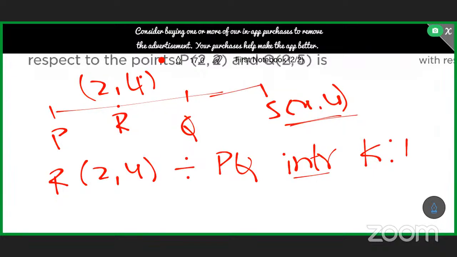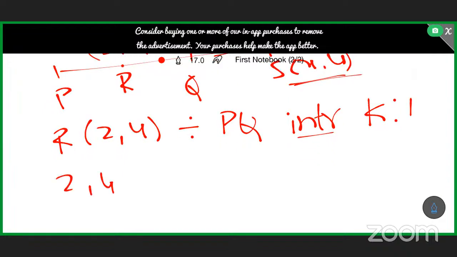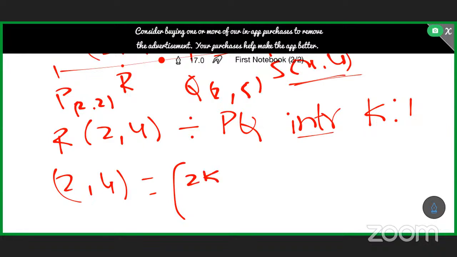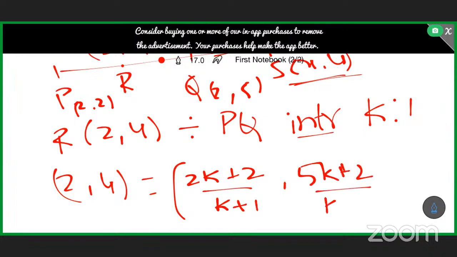So using the section formula, 2, 4 is equal to, P value is 2, 2 and Q value is 2, 5. So mx2 means k into 2 plus 2 divided by k plus 1. My2 means 5k plus 2 into 1 is 2, divided by k plus 1.